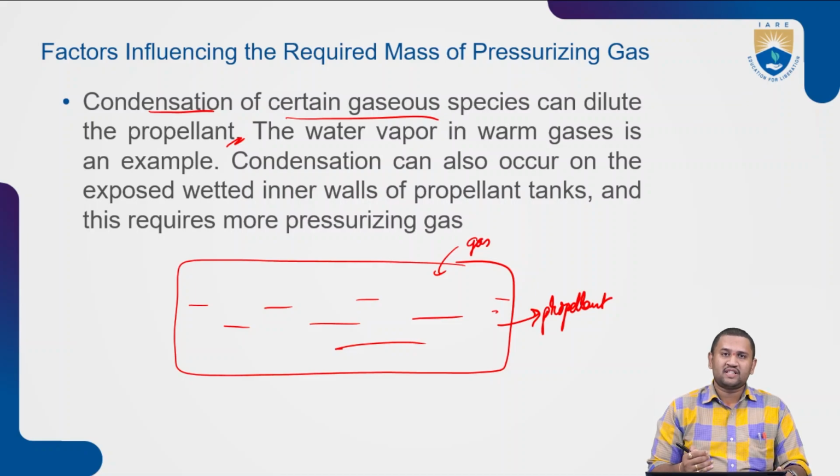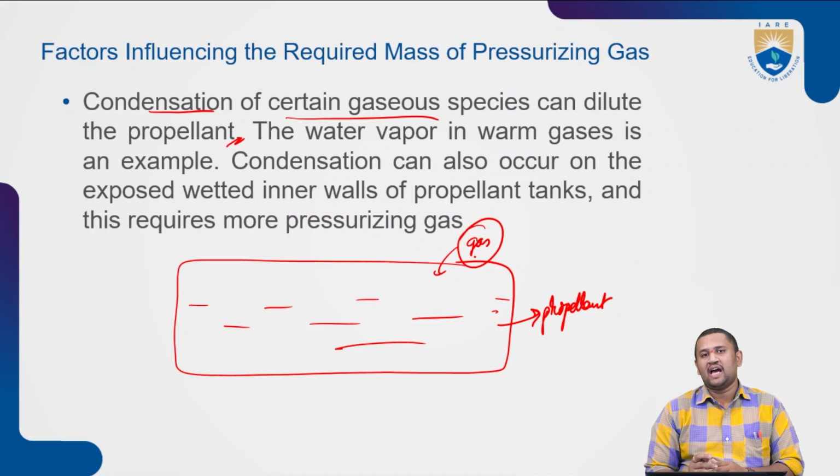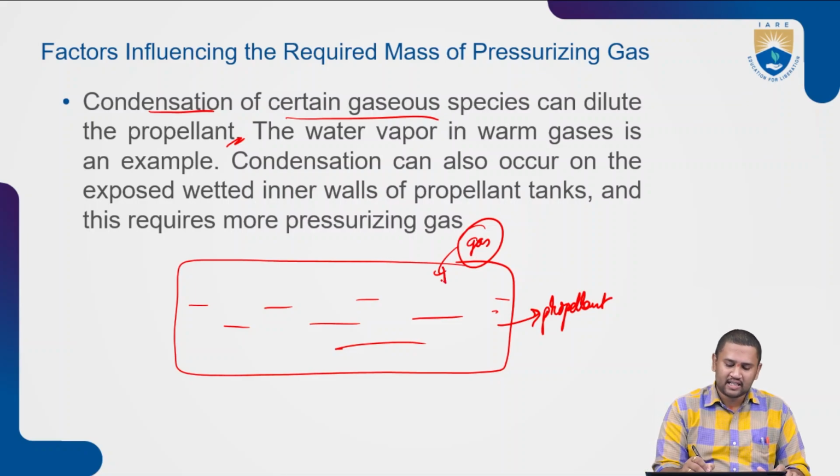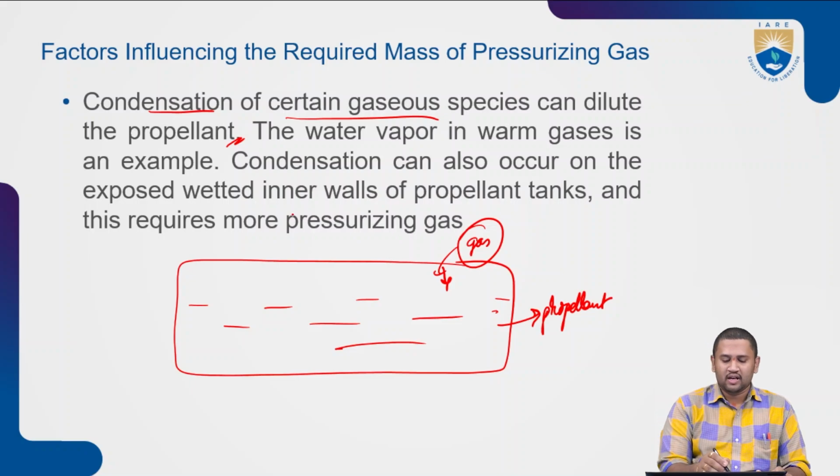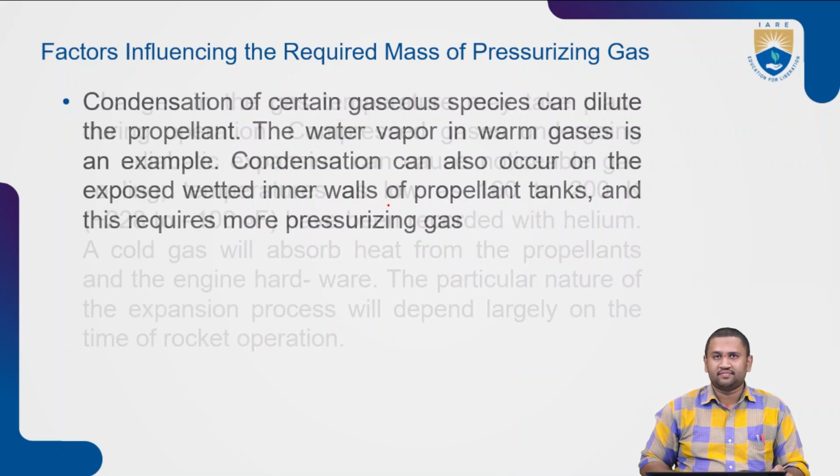Due to this fluctuation in the temperature, if the gas is much more reactive with respect to temperature, as the temperature drops, the gas tends to condense, right? And this condensation will lead to form the vapor for the particular propellant. Now that has to be avoided.